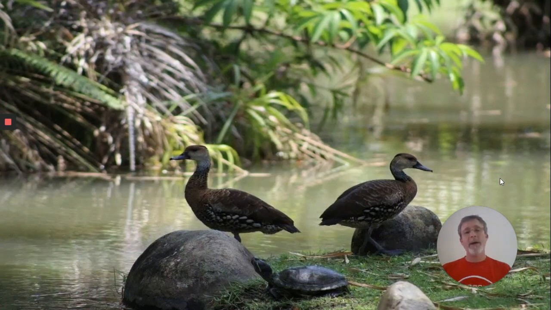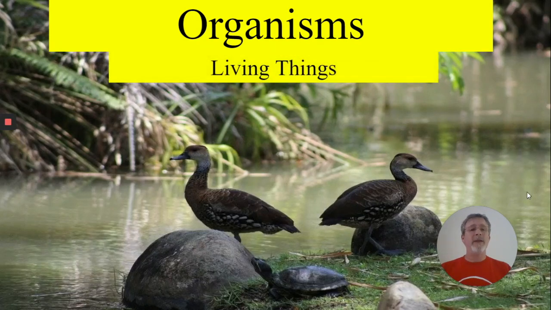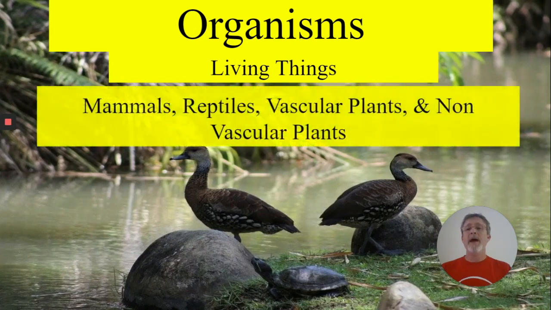So, here is a beautiful ecosystem. The first thing I want you to observe is all the organisms. How many organisms or living things do you see in this picture? I see several. From what I see, some mammals, these birds.